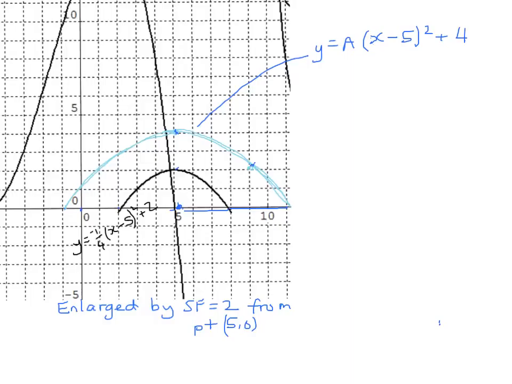I'll choose a point here, I think (9, 2) looks to be a fairly good point. 9 is my x, 2 is my y, so my equation will be 2 equals, again in your calculator, use equation solver, a times (9 minus 5) squared plus 4. 9 minus 5 is 4, squared is 16, so I end up with a equals negative 1/8.